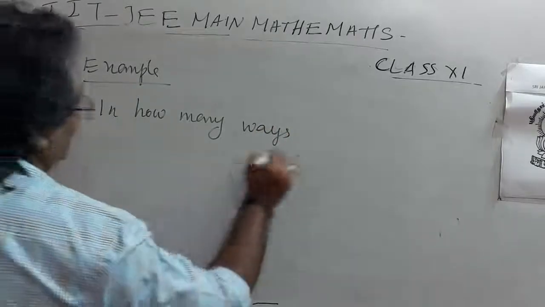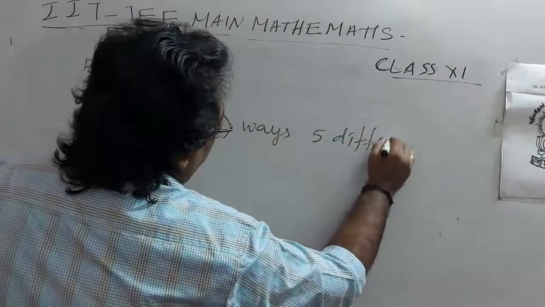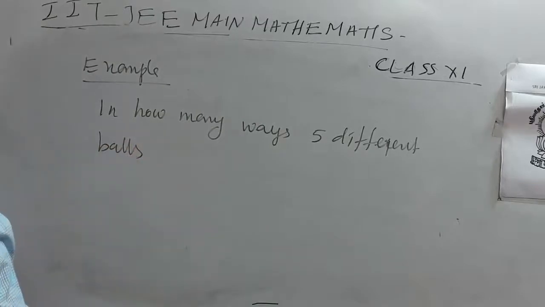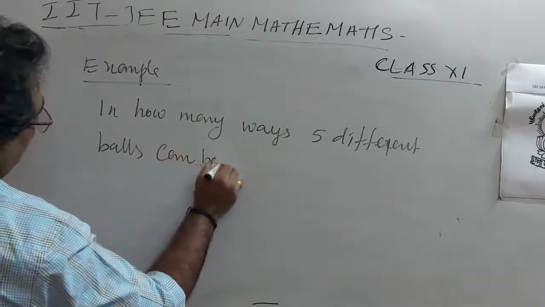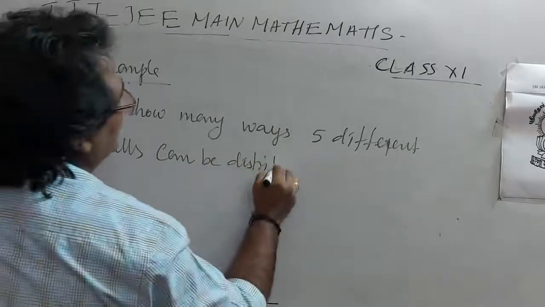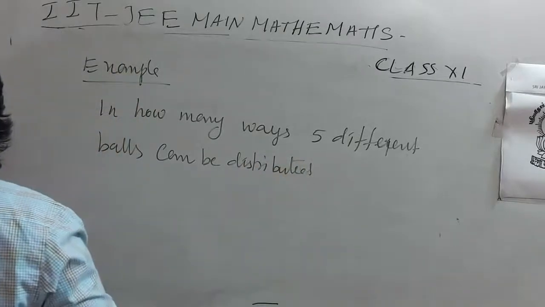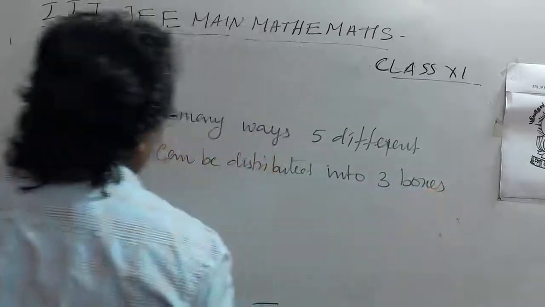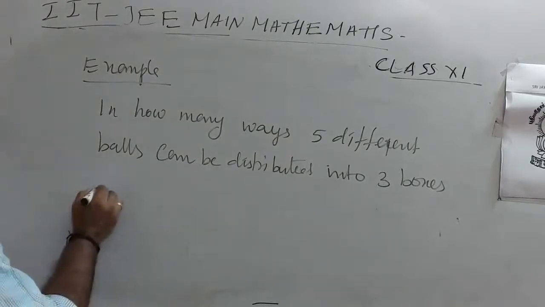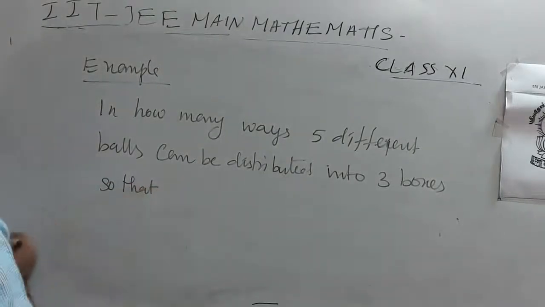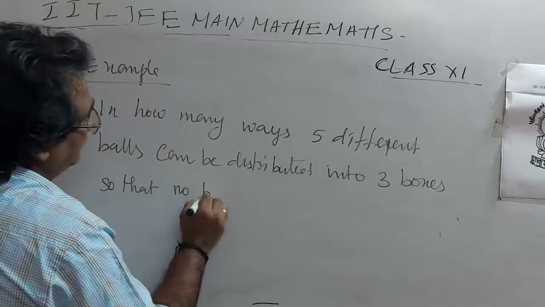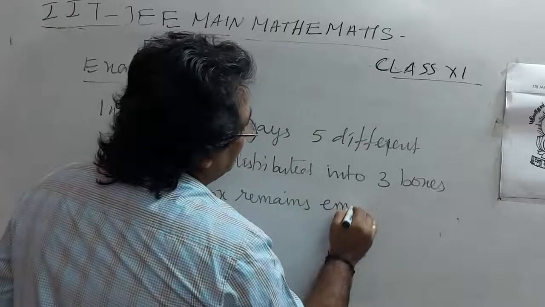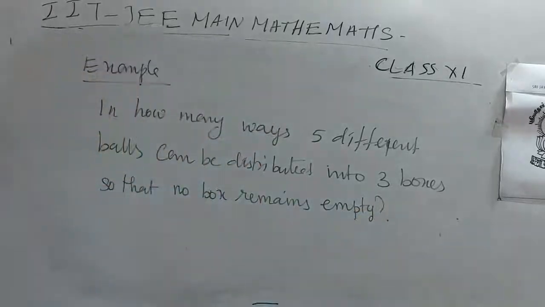In how many ways can five different balls be distributed into three boxes so that no box remains empty?